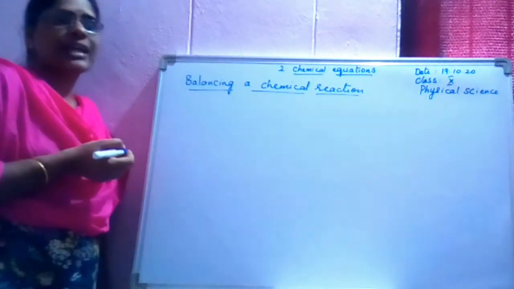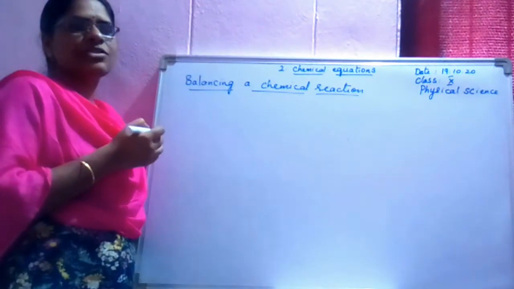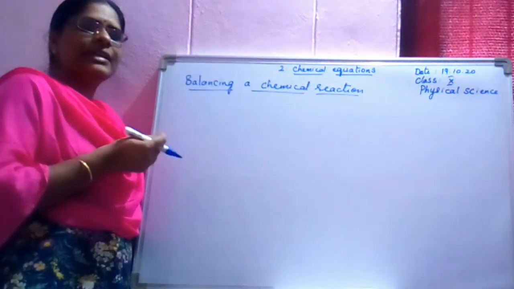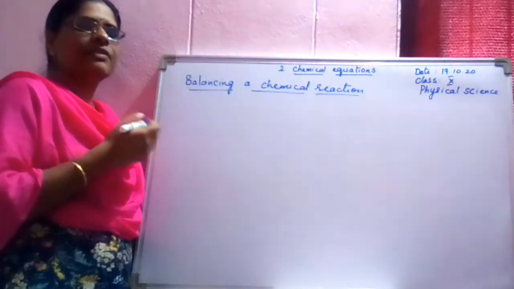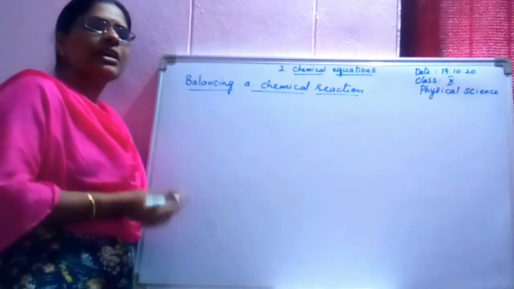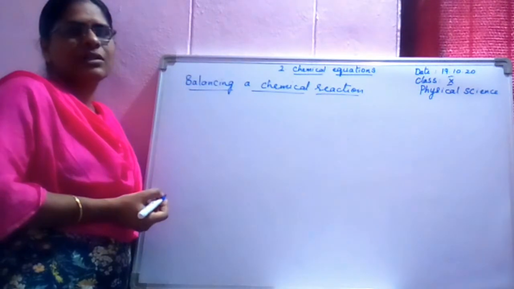How can you decide whether it is a physical change or a chemical change? See here, in the chemical change, after the reaction has taken place, there will be new products formed. Okay.